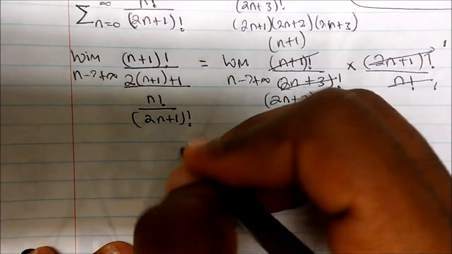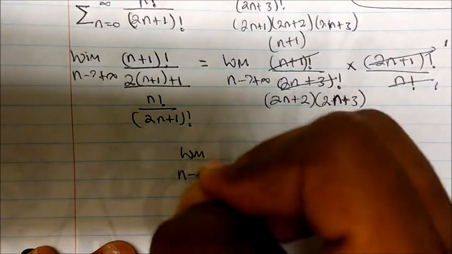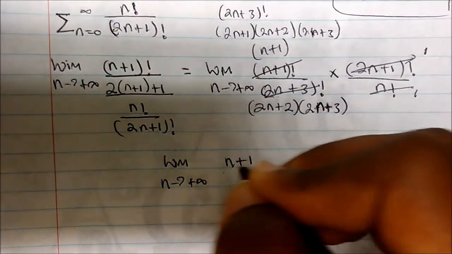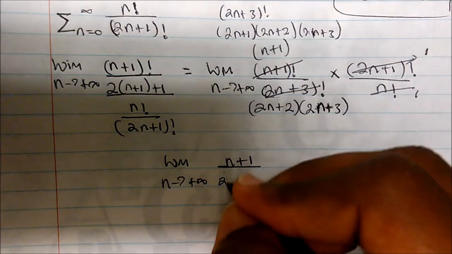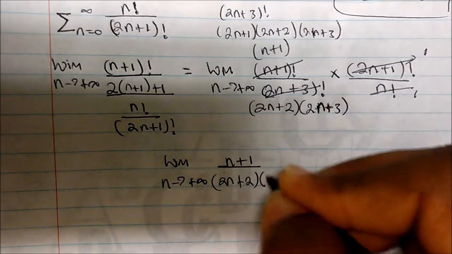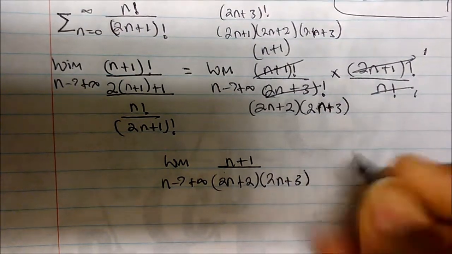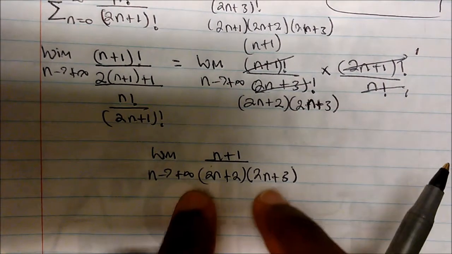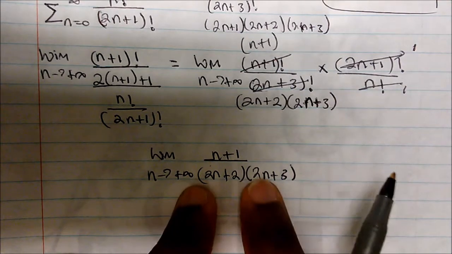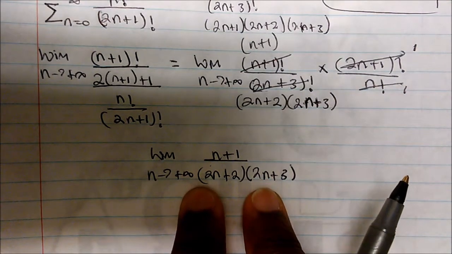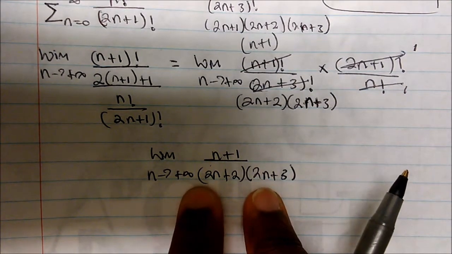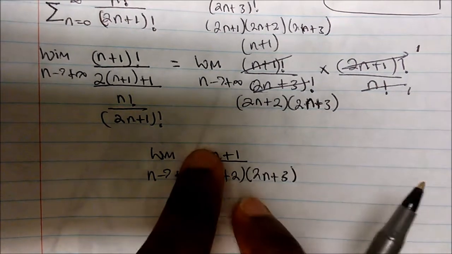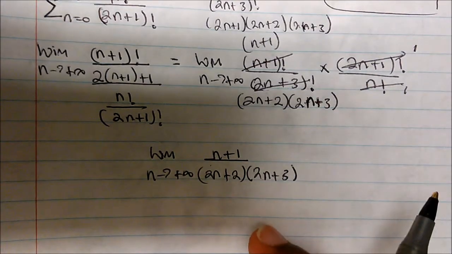So cleaning this up a little bit, our limit as n goes to positive infinity will now become, we still have an n plus 1 on the top, over now 2n plus 2 times 2n plus 3. Okay, I want you to take a good look here. Well, you can see that we could multiply these together, and if I multiply these together, I'm going to get some sort of n squared, and essentially I have n plus 1 on the top.